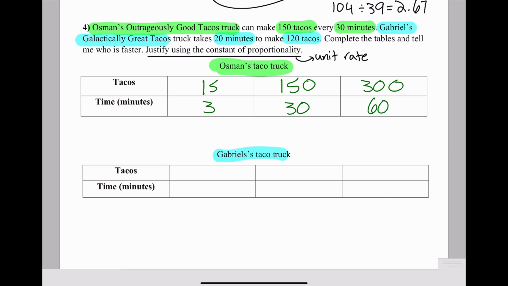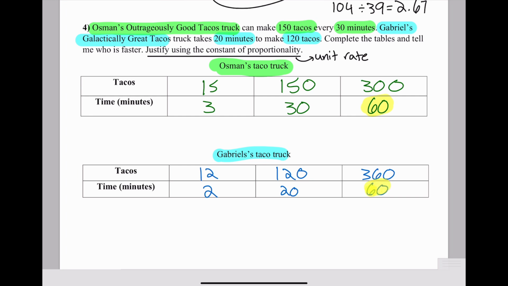All right, and then they did the same thing with Gabriel's tacos. So they put 120 right here for 20 minutes. And then to get to 60, they said, okay, that's times 3. So that's going to be 360. And then over here, I think they put 12 in 2, something like that. But what's interesting about this is you're like, whoa, where are the unit rates?